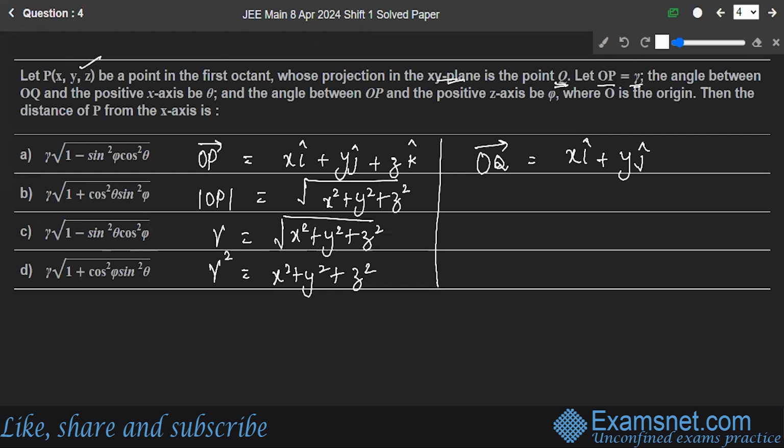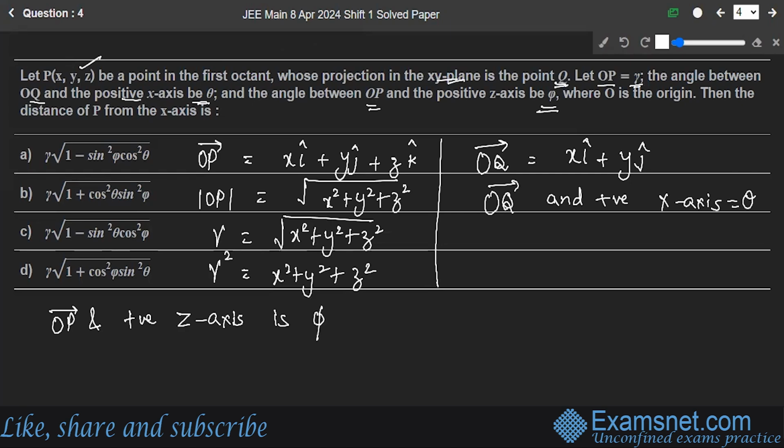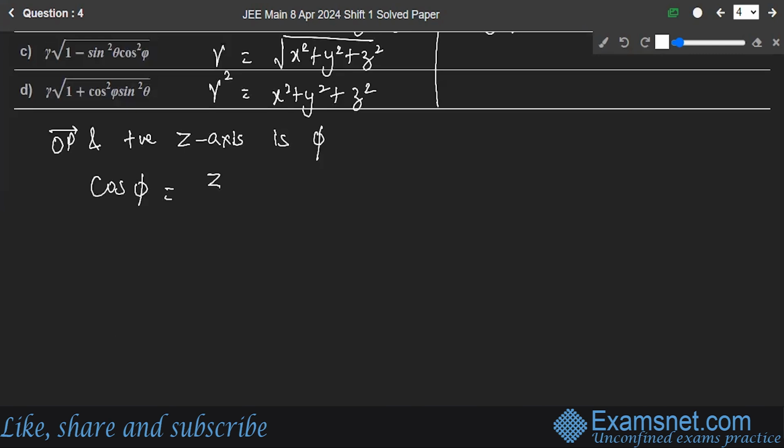Now, you're also given that the angle between OQ and the positive x-axis is theta, and the angle between OP and the positive z-axis is phi. So this gives me cos phi is equal to z upon OP.